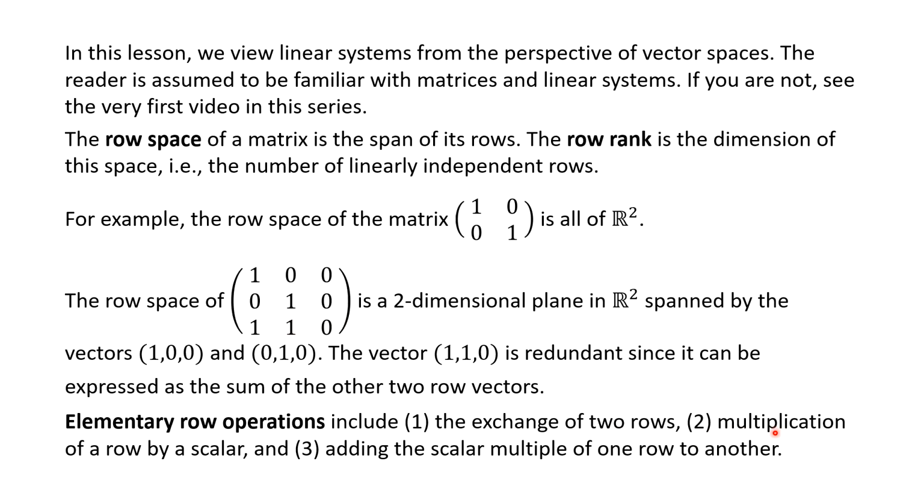Then multiplying a row by a scalar. Again, that doesn't change anything. And then finally, it's adding a scalar multiple of one row to another. And that scalar multiple could be a negative number, so effectively you could subtract. So these operations don't change the row space, and I want to prove that in the next slide.